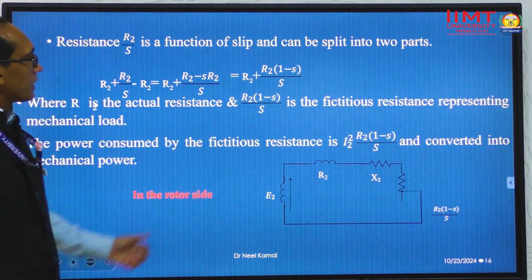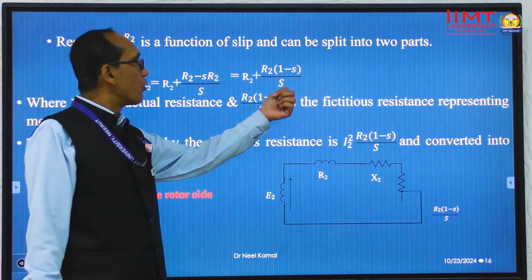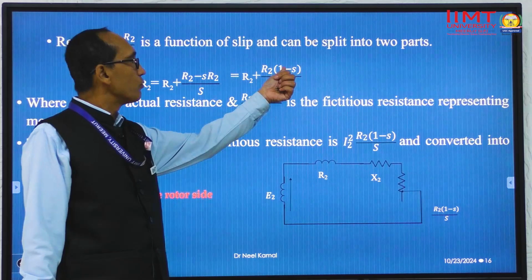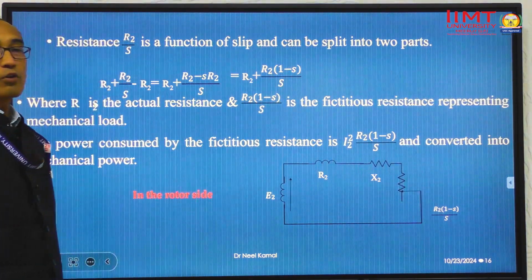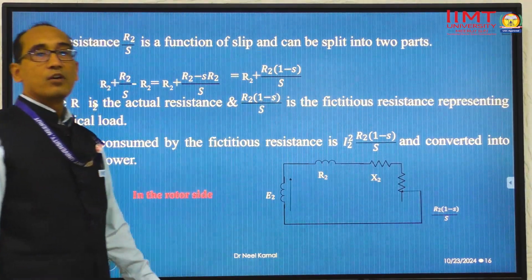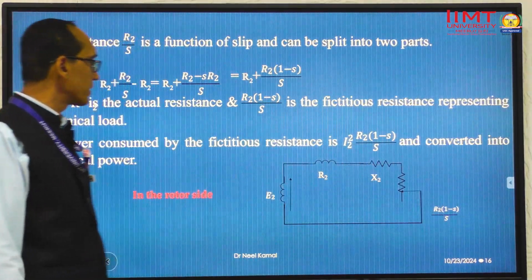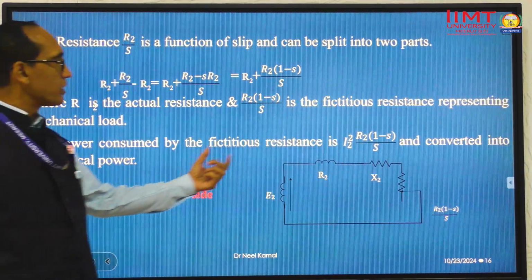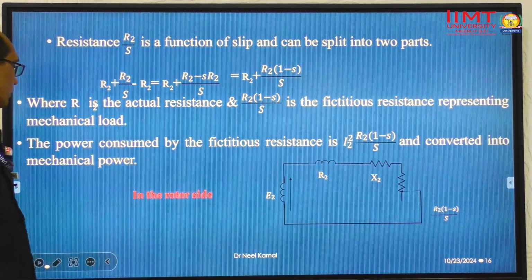So it is the electrical resistance, but R2 times (1 minus S) upon S, this part is not a pure electrical part, it is the representation of the mechanical part. It is the fictitious resistance we can say, and it is the only part that will convert into mechanical power.